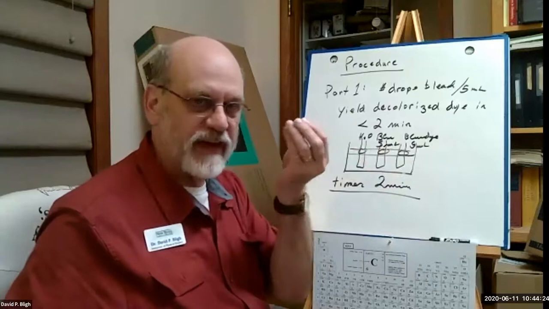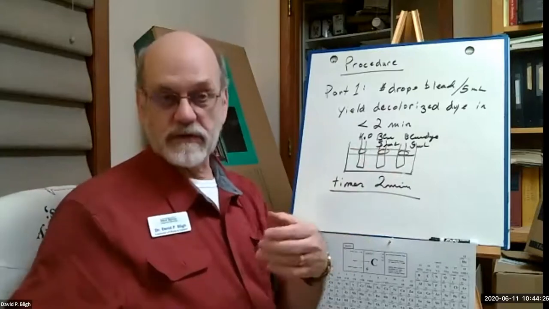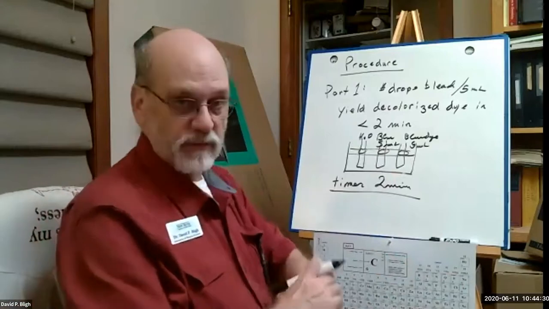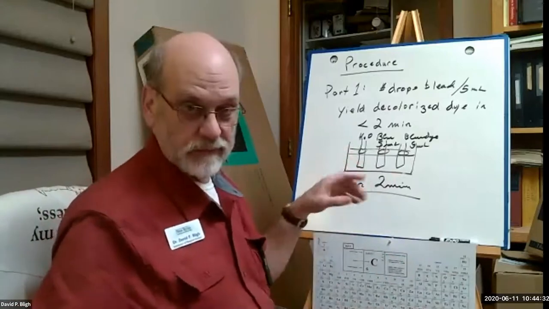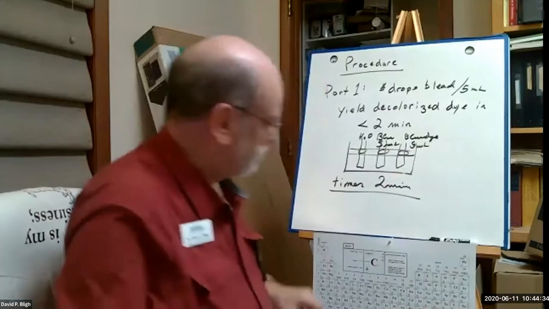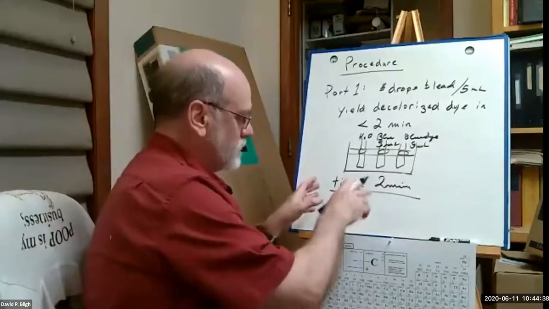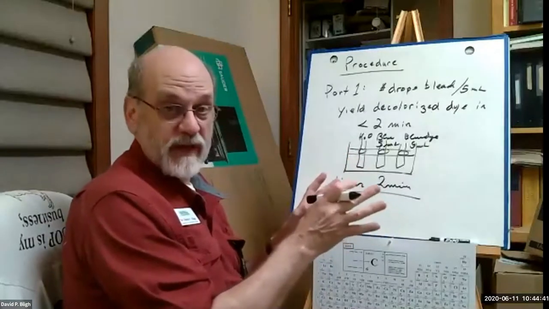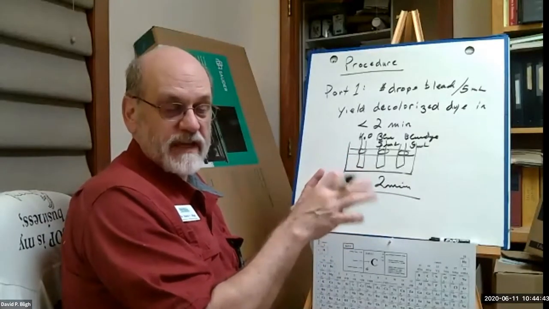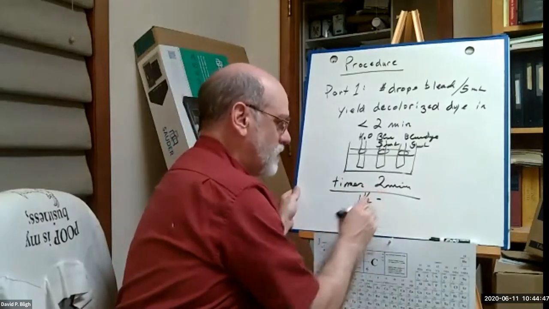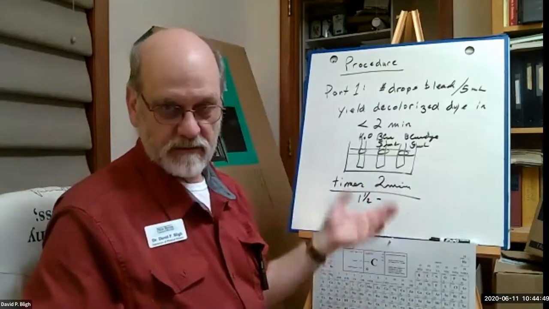There'll always be a faint color left, because everybody knows that bleach is kind of a yellowish color. So once the blue is gone, it's going to look sort of yellow. But it's best if your decolorization takes longer than 1.5 minutes, but less than 2 minutes, in that range.